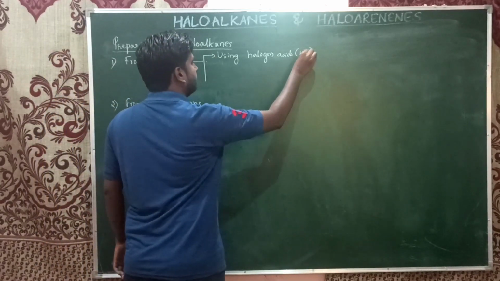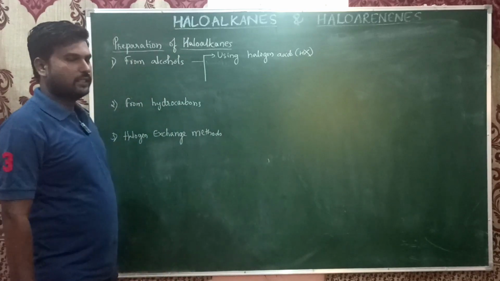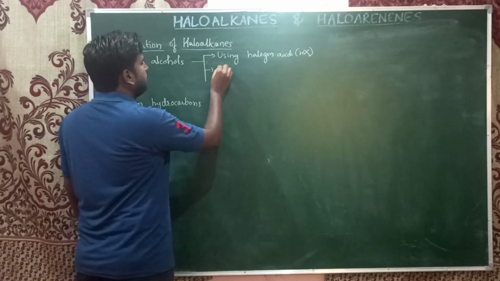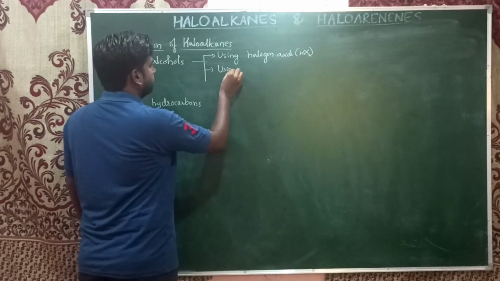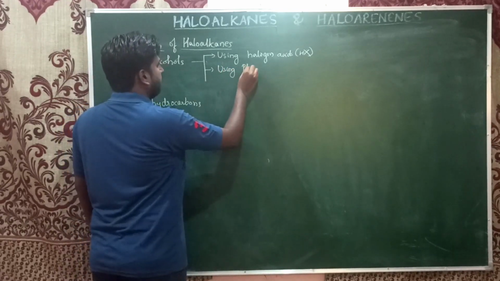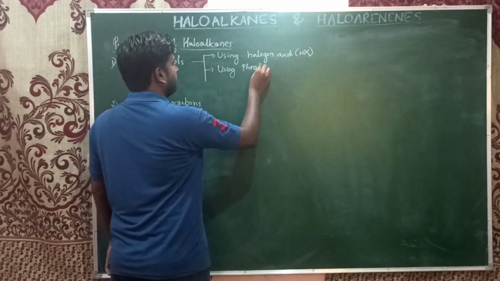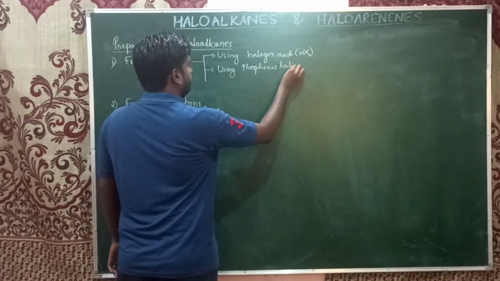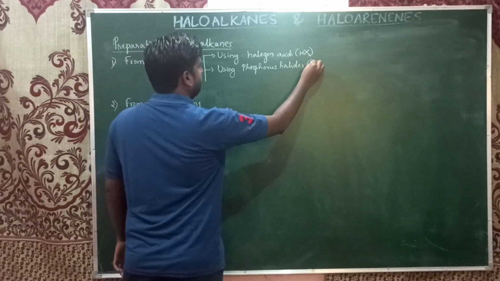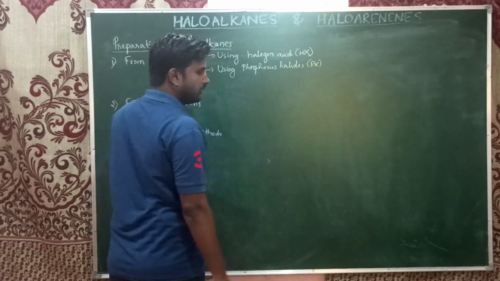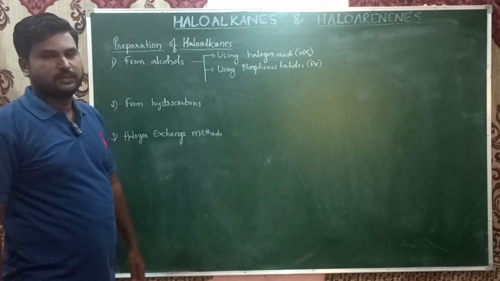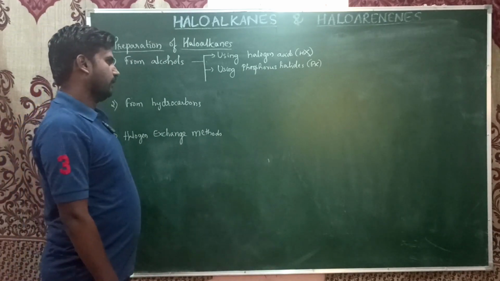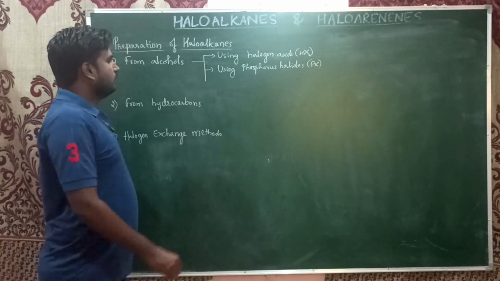The second reagent is phosphorus halides, that is PX, usually PX3 and PX5, trihalides and pentahalides. We'll see them when we discuss in detail.